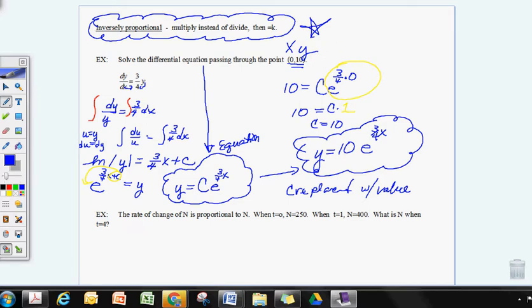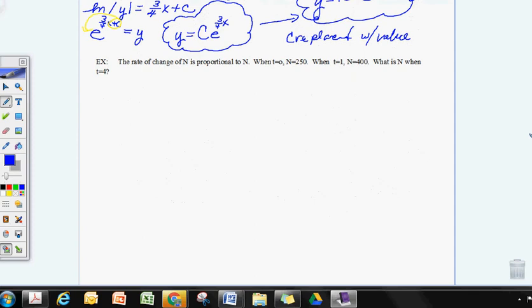Okay, so how is this going to apply to word problems? Okay, this is going to be a 3-part problem. I am color coding. First part is going to be red. And the first part of this problem, and I'm assuming that you guys have read it, says the rate of change of n is proportional to n.